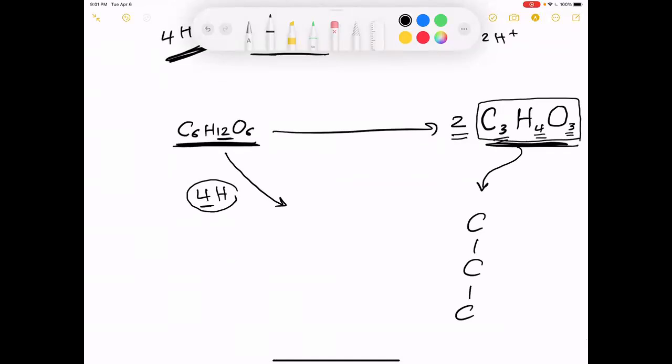It's a carboxylic acid, meaning it has a COOH. It's an organic acid.